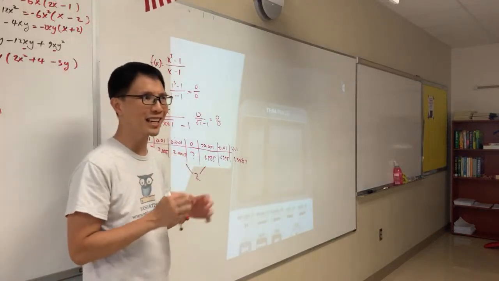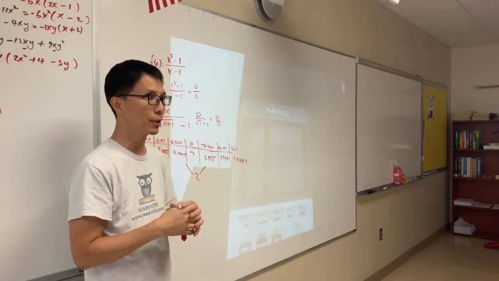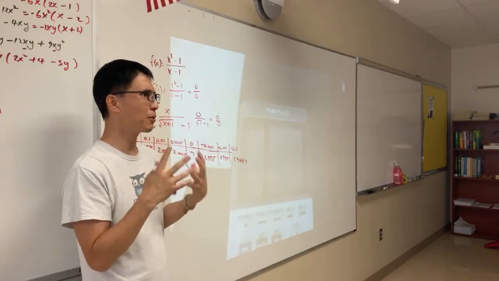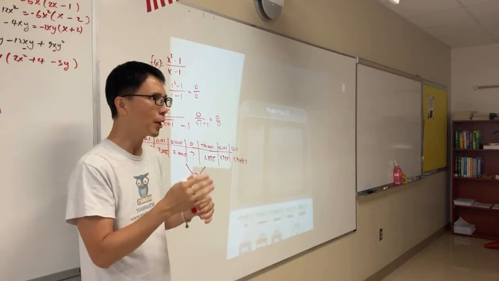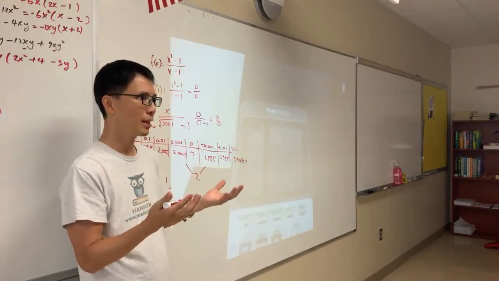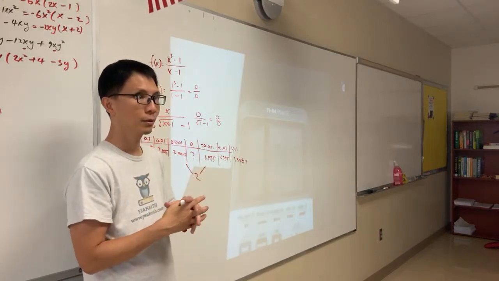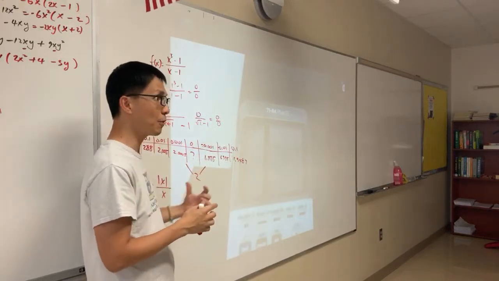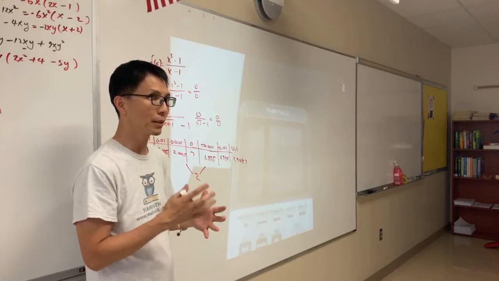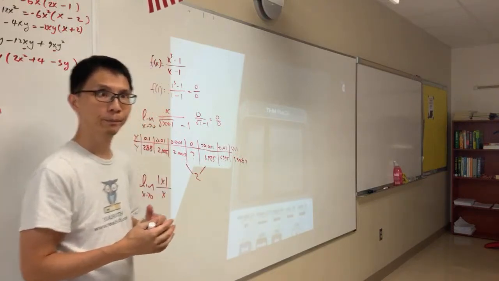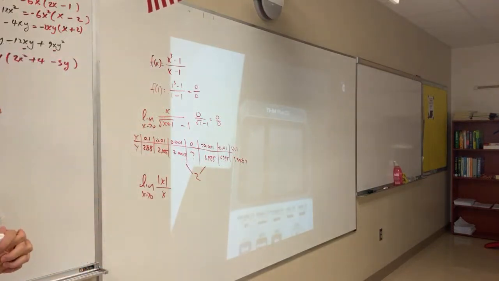A lot of you cannot see the picture of this. If you don't graph it, you probably don't see it. But if you graph it, you're like, whoa, that's a completely new graph that you never envisioned yourself seeing. So absolute value of x over x is something weird.